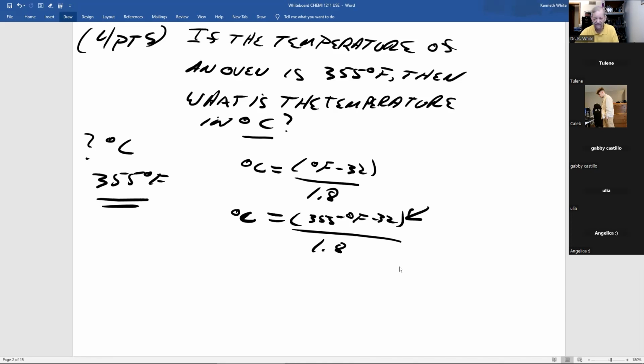And you get a lot more fours after that, and I'll teach you later on how to do that. And that's how you go from degrees F to degrees C.